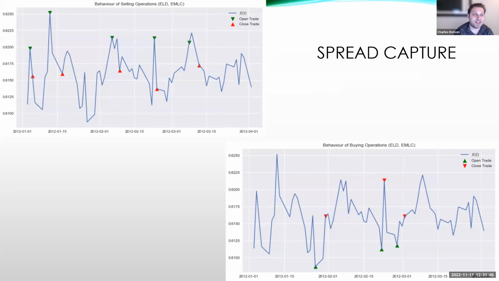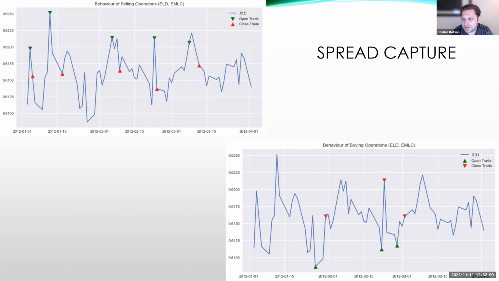Now I just want to look at the spread capture. So this is just one of the random pairs that I chose during one of the trading intervals. We can see that the S-score does do a good job of capturing peak to trough. It might be a little early sometimes, might be a little late sometimes, but overall, if it's a good pair that the algorithm chose, it does do a pretty darn good job of capturing the spread.